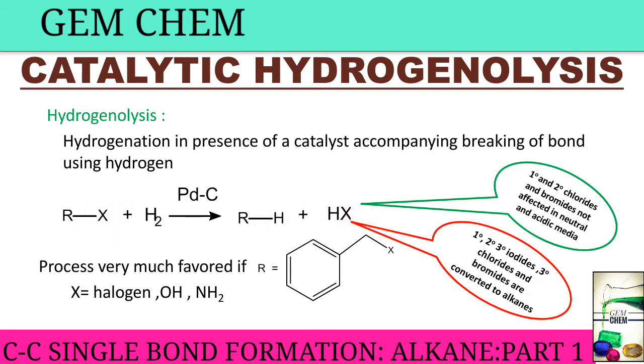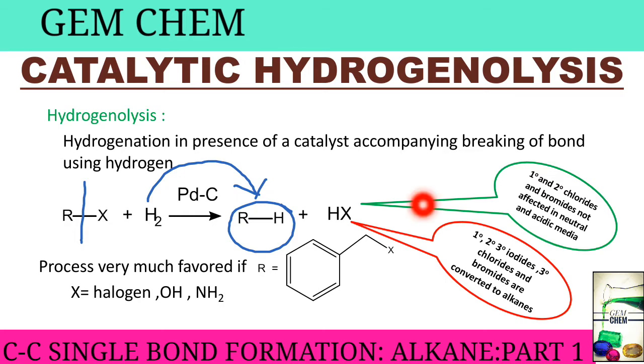So we see two things, that is breakage of a bond and formation of a new bond by addition of hydrogen. Clear? Now this process is very much favored if this R group is a phenyl ring and this X is present in a benzyl position. X can be taken as halogen or OH or NH2.